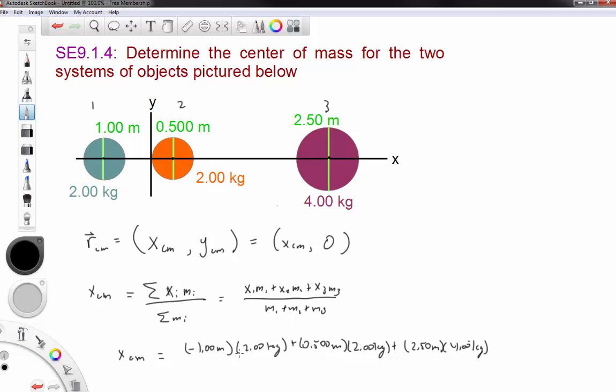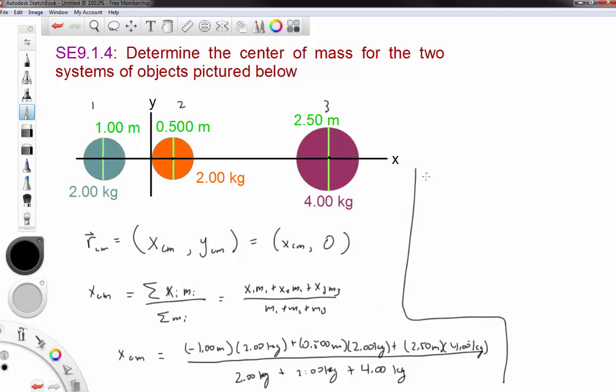So that's going in order from this one to this one to this one. And then we have to divide that by the total mass, which is 2.00 kilograms plus 2.00 kilograms plus 4.00 kilograms.